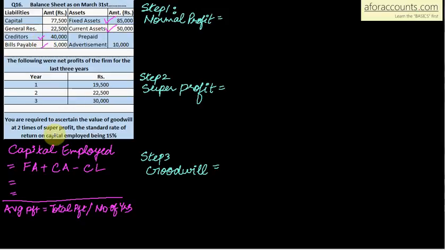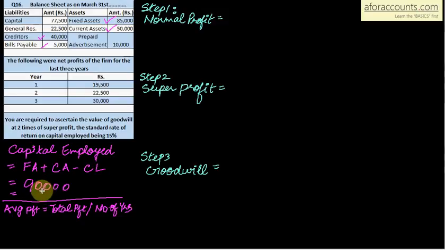So let's find out capital employed, which we have to find in this question. Fixed assets 85,000 plus current assets 50,000 minus current liabilities, that is minus 40,000 minus 5,000, that comes up to 90,000. So your capital employed comes up to 90,000. Okay.